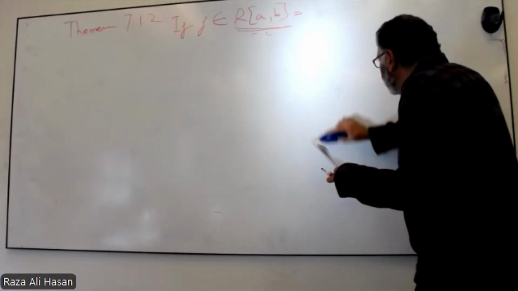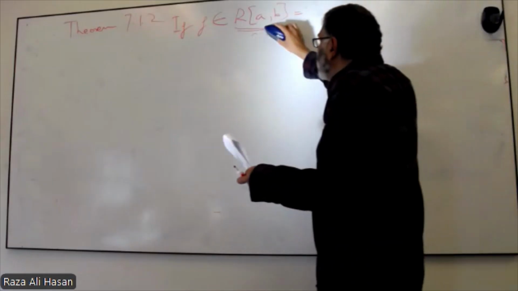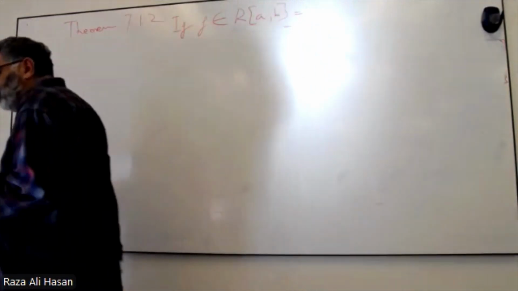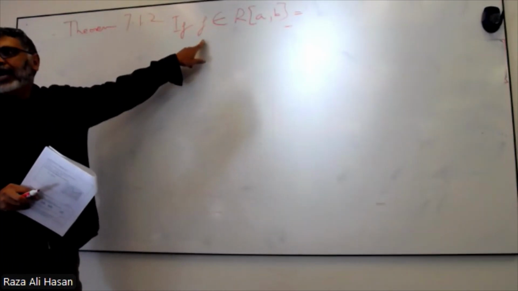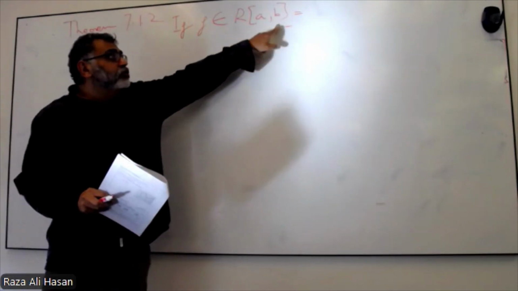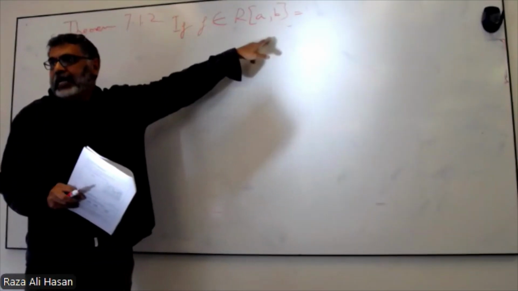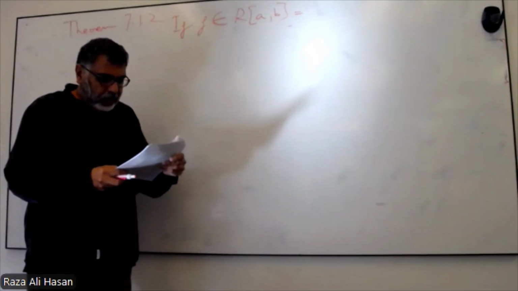And so we have an instance of a function whose exact area can be calculated because it's one of those functions that are Riemann integrable. Okay.